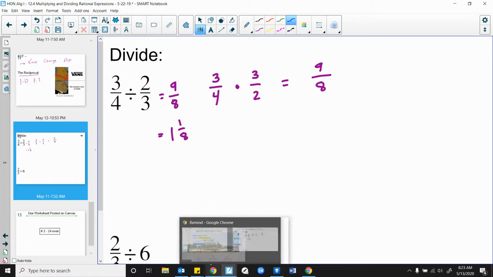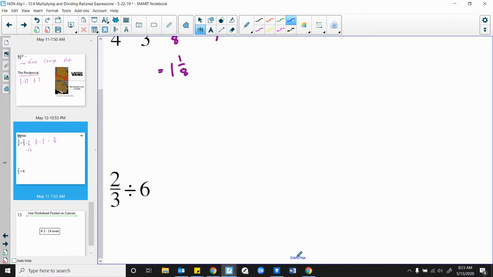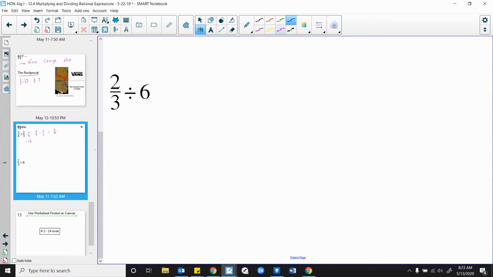Same thing for this last one here. Again, this is all we're talking about today. Down here at the bottom, we have 2/3 divided by 6. First thing I want to do is rewrite this. It's 2/3 divided by 6/1. Remember that this can have a denominator of 1 if it's a whole number. Now I'm going to keep, change, flip.